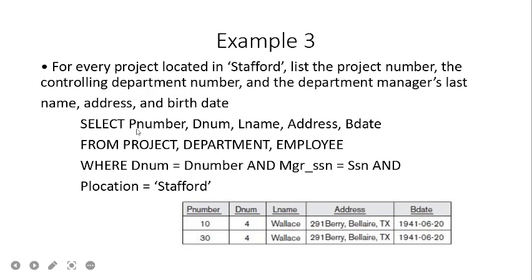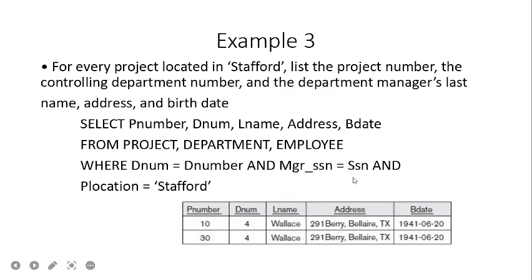So there, select P number, D num, L name, address, birth date, from project, department, employee, these 3 relations, where D num is equal to D number and manager SSN equal to SSN and P location equal to Stafford. So we need to equate D num equal to D number and manager SSN equal to SSN.